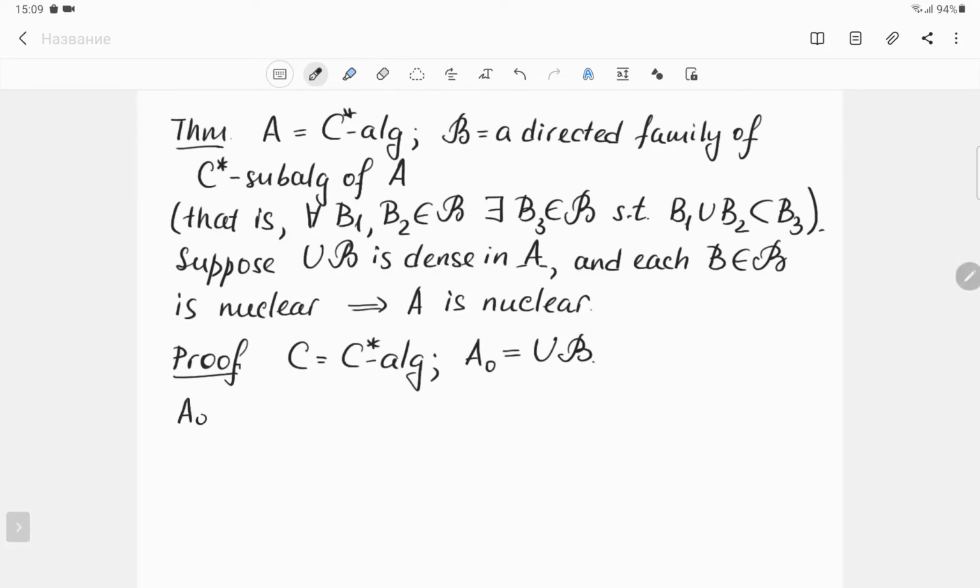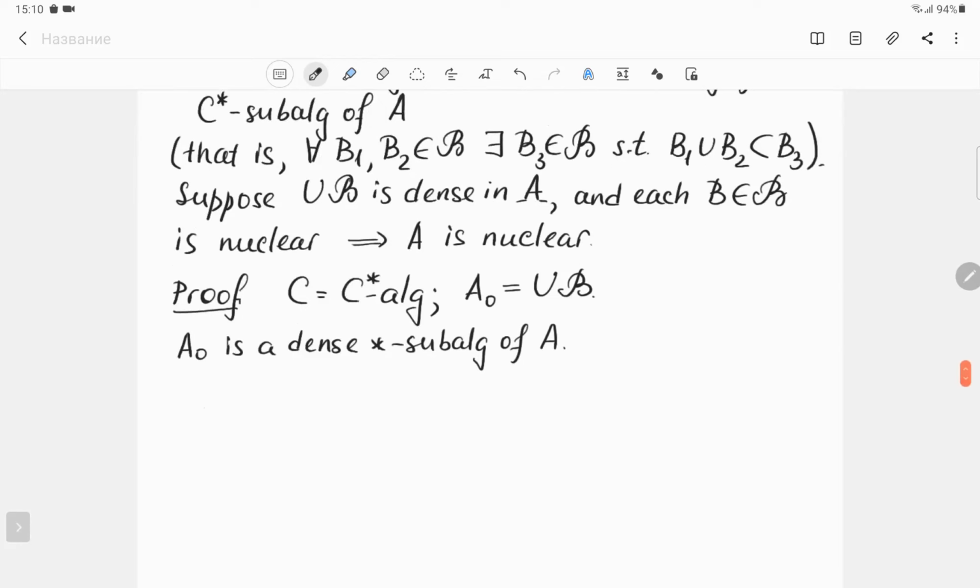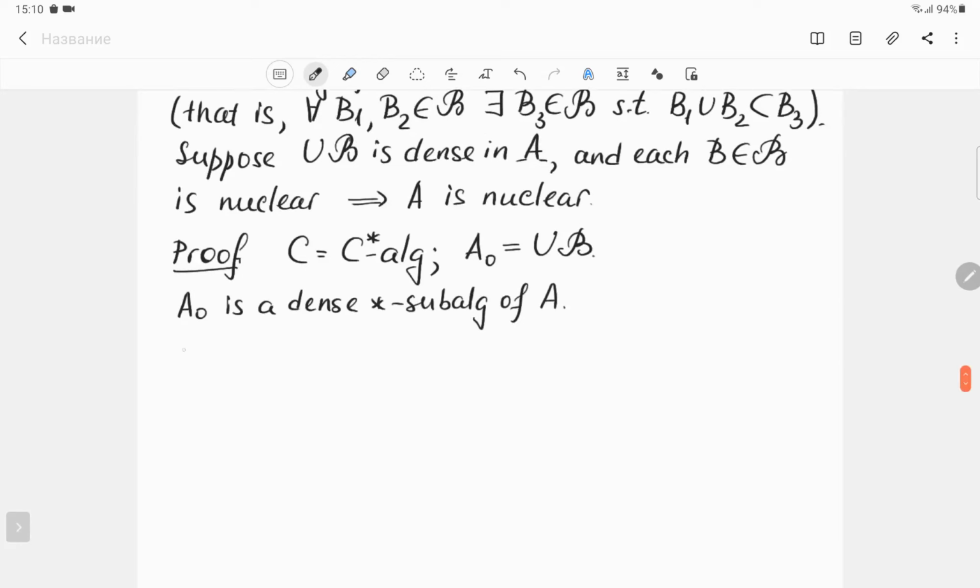So A0 is a dense star subalgebra of A. If I now take the algebraic tensor product of A0 and C, then by the simple properties of the algebraic tensor product, this algebra becomes a directed union of the subalgebras B tensor C, where B runs over our family script B.